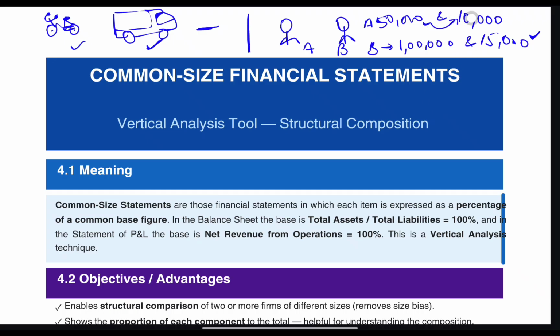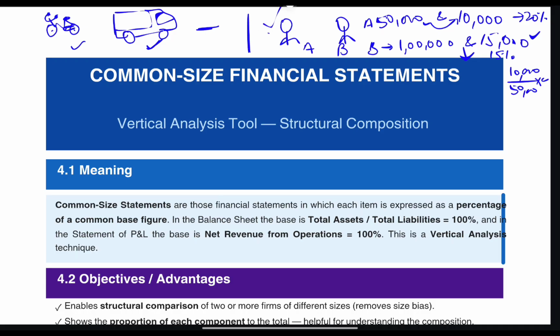So how will we calculate? We will divide 10,000 by 50,000 and multiply by 100, so that will be 20%. Got it? And now let's talk about student B. He is saving only 15%. So now tell me, who is managing money better?